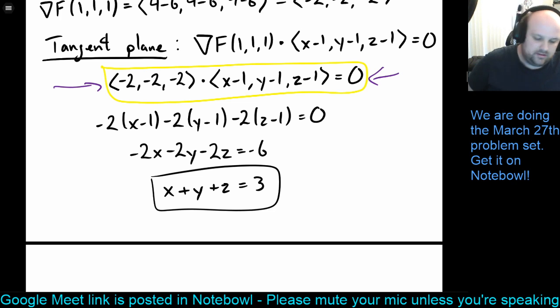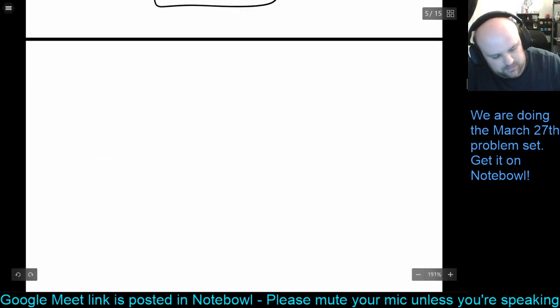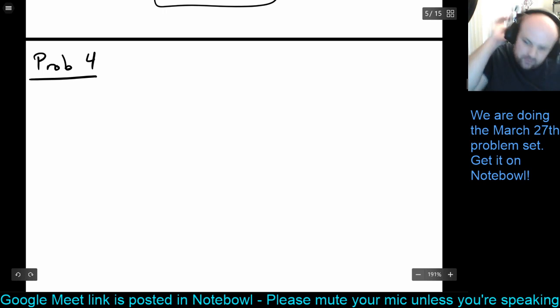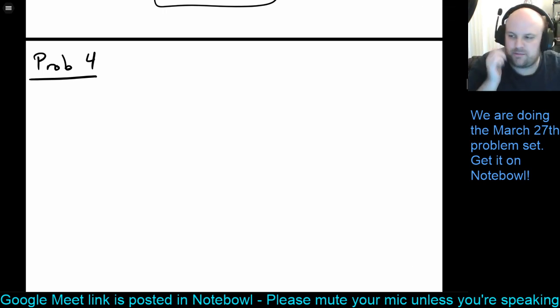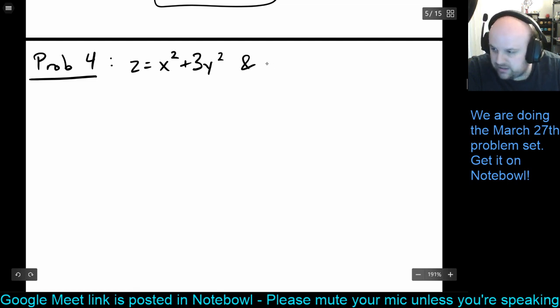All right. I guess we have one more example here. This is kind of an interesting one as well. So problem 4, we have a paraboloid z equals x squared plus 3y squared, and a plane z equals x plus y plus 4.